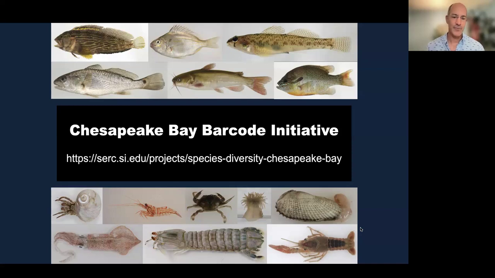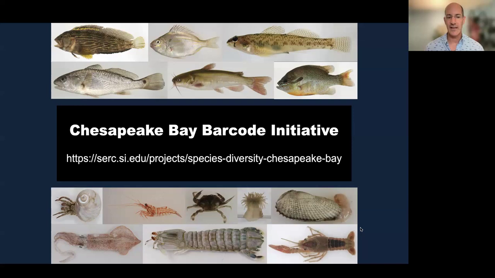So what we've been doing at SERC, working with all of the different researchers and partners in the Chesapeake region who go out and regularly sample fish and crabs and other things, is to collect new specimens, 3 to 5 per species usually. We take their photo, as you can see here. Then we take a piece of muscle and extract the DNA from that and sequence it to get the genetic sequence.